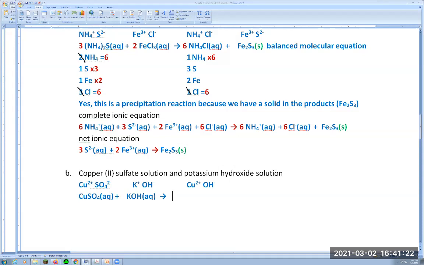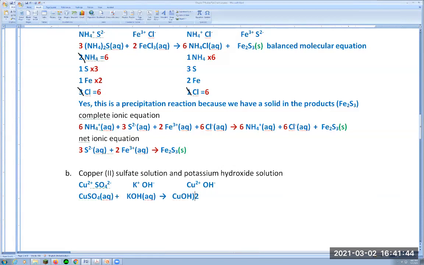So we have Cu and then OH. The one from the one charge of the hydroxide will be a subscript of 1 for copper, so it's just copper. And then the 2 from the charge of the copper will be a subscript for the hydroxide ion.